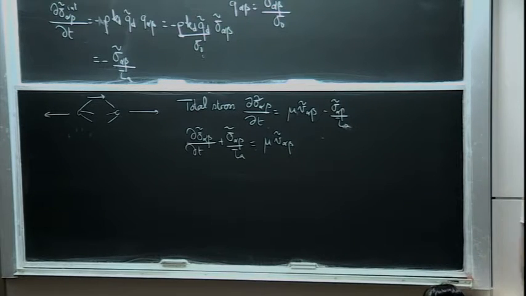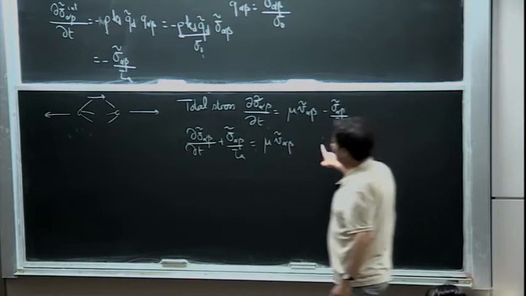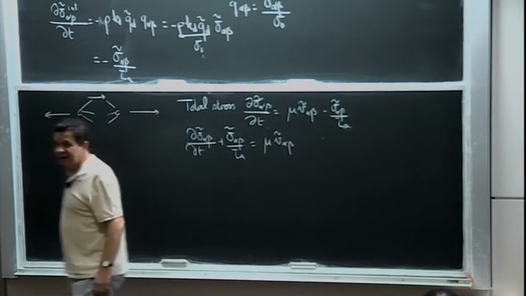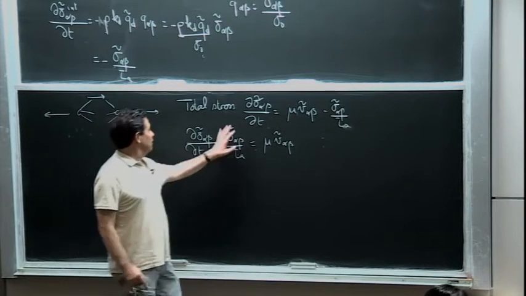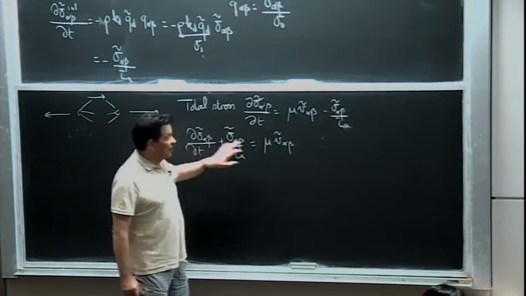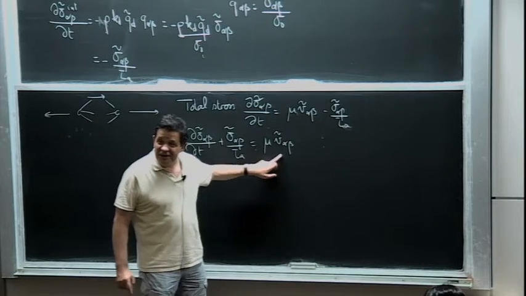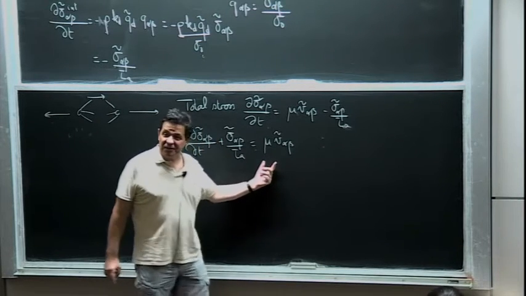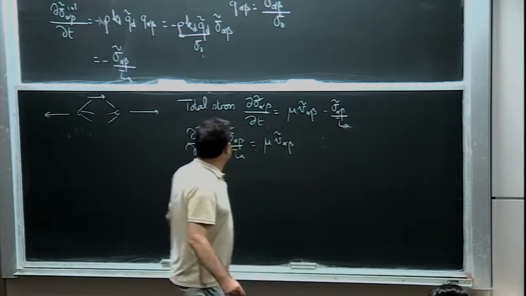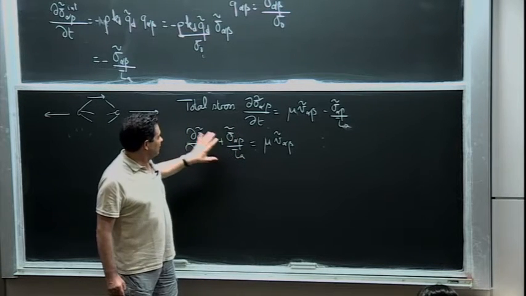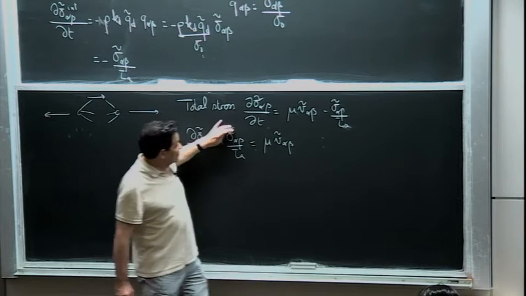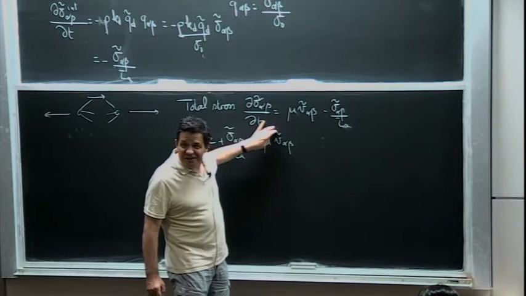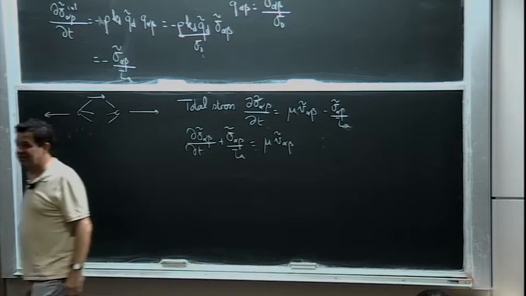So again, what I find, this is the velocity gradient. This is the stress. At short times, this term is negligible. So the stress is proportional to the strain, and the coefficient is just a shear modulus. At long times, this term is negligible, and the stress is proportional to the shear rate, and the prefactor is the viscosity.